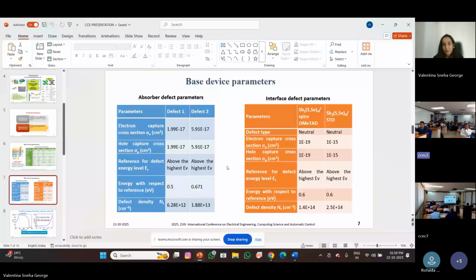So either measure your parameters and then simulate with realistic values, or try to find those values in the literature, as you say that you did for this case. Okay, sure. Thank you.